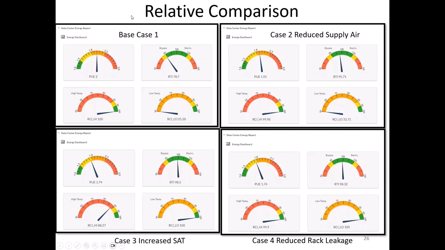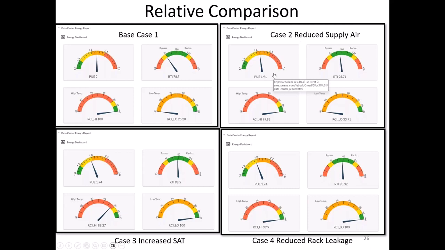But here in case 1, you can see we had too much air. We had bypass airflow, the RTI was 78, and the RCI high was 100%. So we had way too much, but the racks were fine. RCI low was a mess. It was too low. Then we reduced the supply air just a little bit, and that helped our PUE.